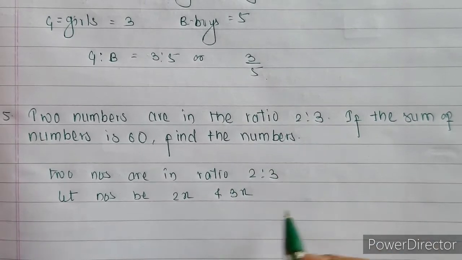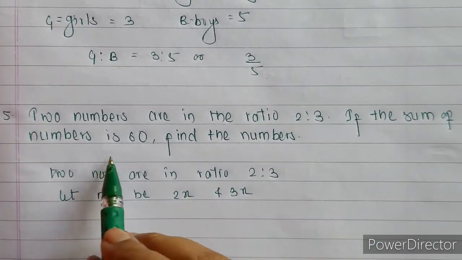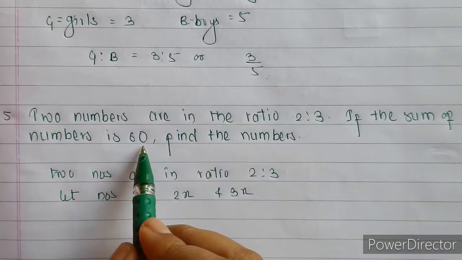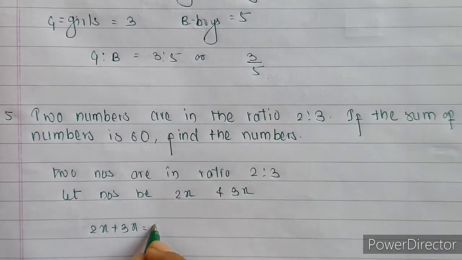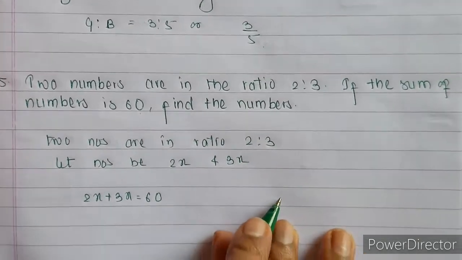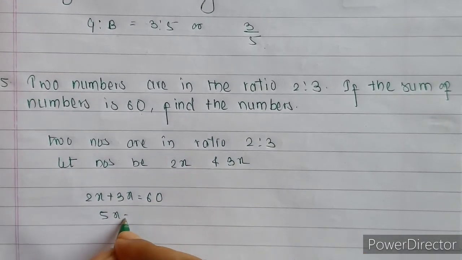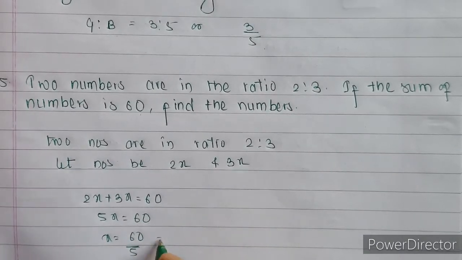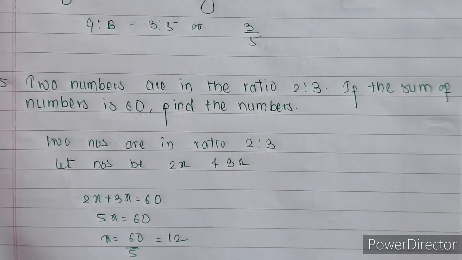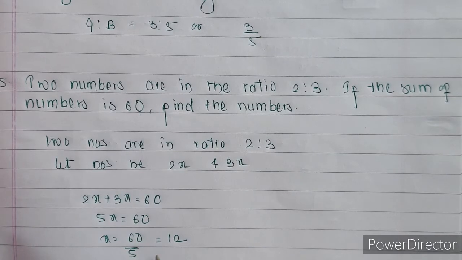What is given? The sum of these two numbers is 60. So we can write 2x plus 3x is equal to 60, which is 5x equals 60. So what will be the value of x? 60 by 5, which is equal to 12. So the value of x is 12.